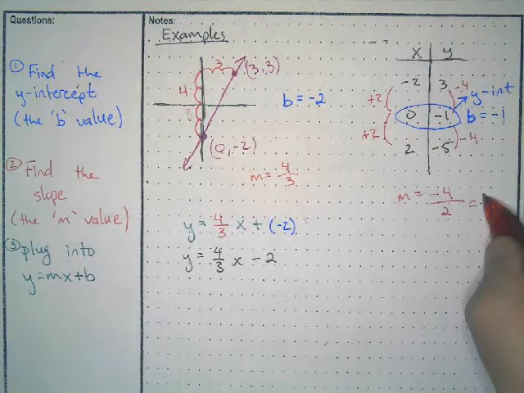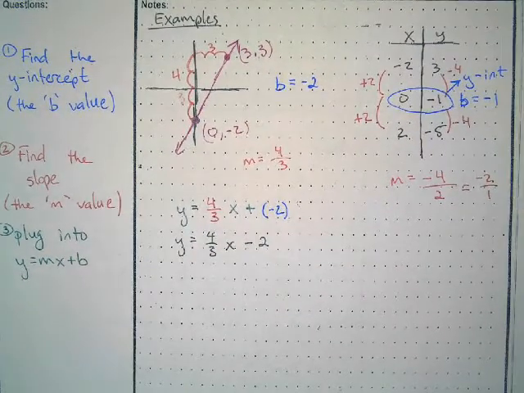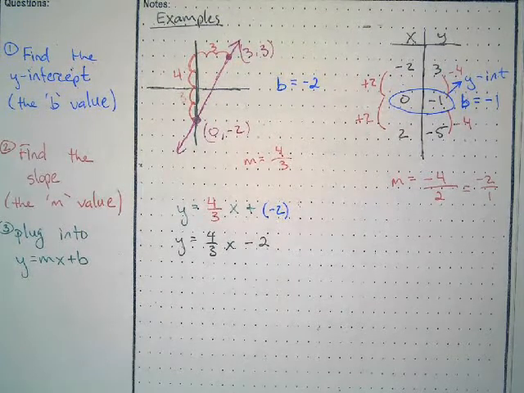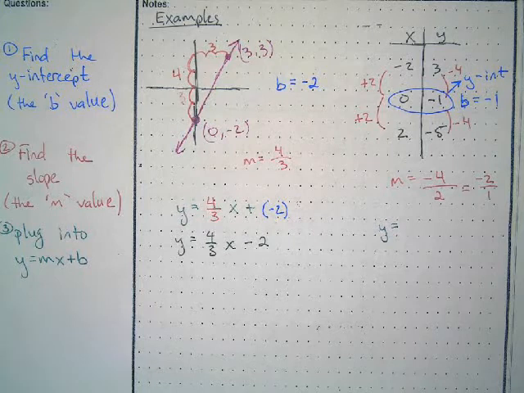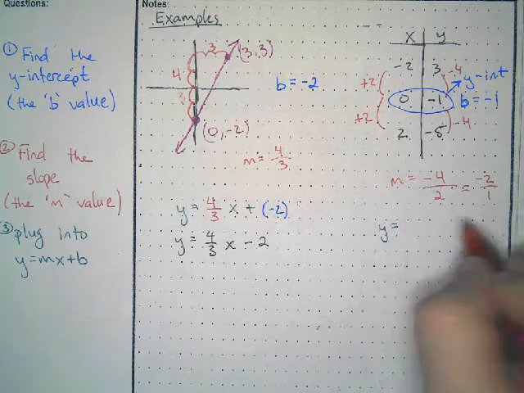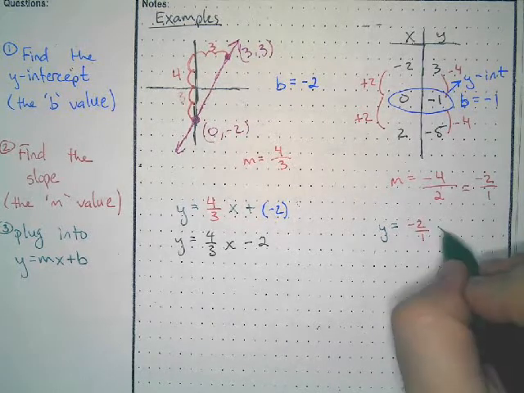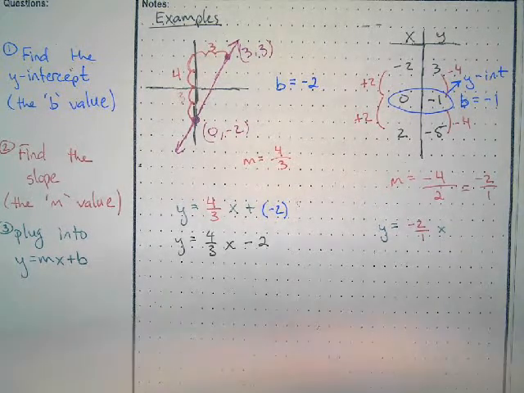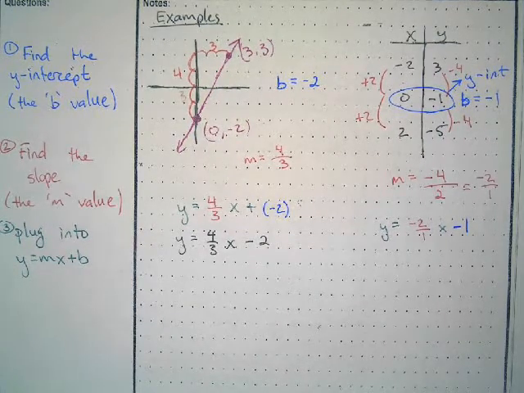So we'll write that as negative 2 over 1. Change in y over change in x, and now we plug in. So y equals negative 2 over 1 x minus 1. Since b is negative, we'll say it's a minus 1.